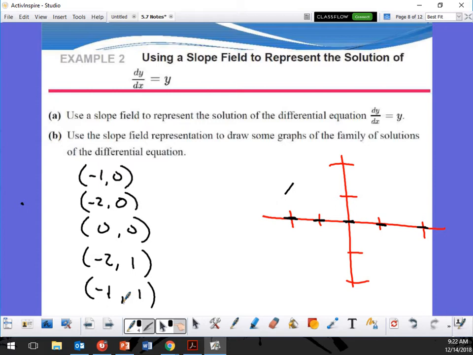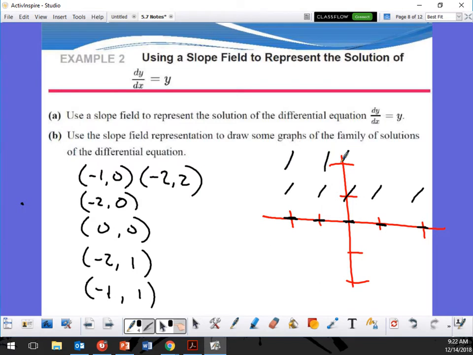That's tricky. So it's all going to go like this, right? The x really plays no role there. Okay, what about 2? If I do like this, let's go -2 and 2. Slope is going to be 2.